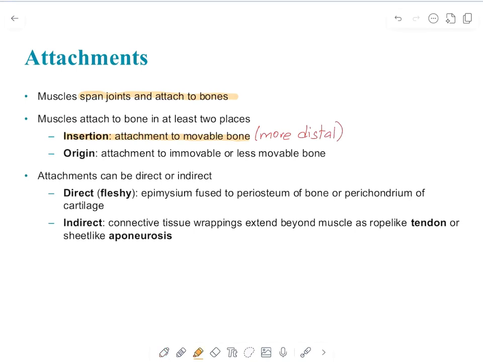Whereas the origin is the attachment to the immovable or less movable bone, and it is going to be more proximal.